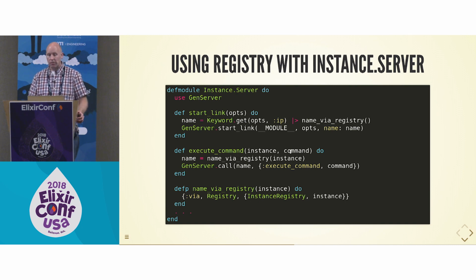In the start_link, I'm extracting the instance name from the keyword list and passing it into our function. And then I'm using the result, that via tuple, to name our process. Similarly, when we execute a command, we can reconstruct the name of that process and use it to call that process.